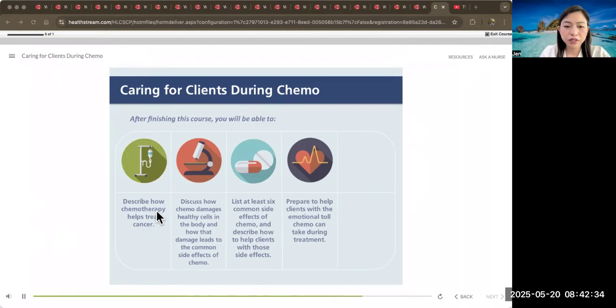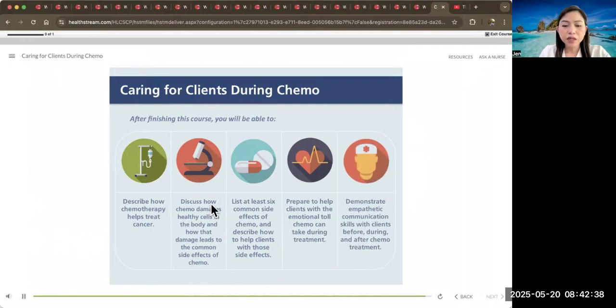Describe how chemotherapy helps treat cancer. Discuss how chemo damages healthy cells in the body and how that damage leads to the common side effects of chemo. List at least six common side effects of chemo and describe how to help clients with those side effects. Prepare to help clients with the emotional toll chemo can take during treatment.